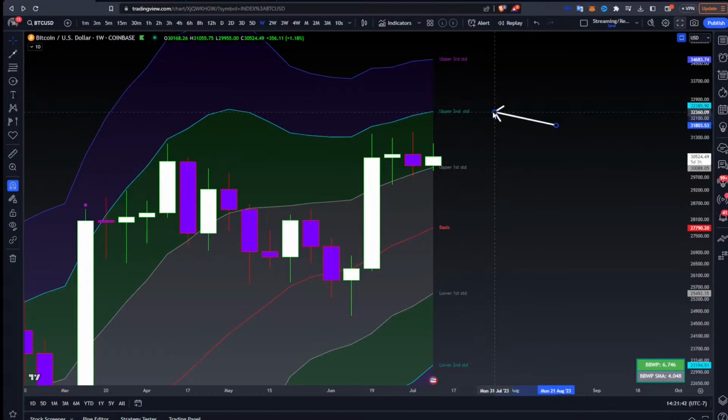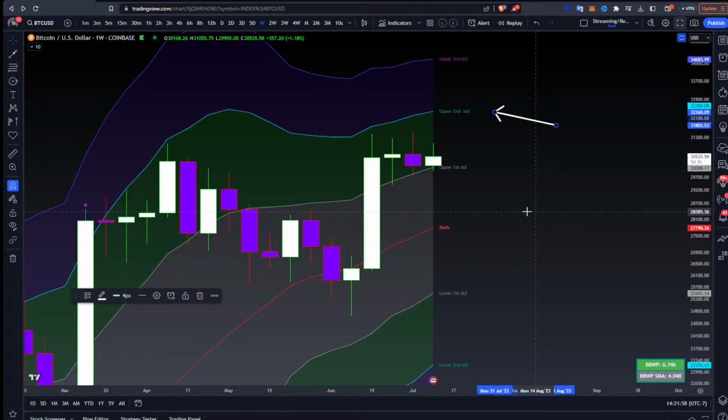The upper second standard deviation on the weekly is going to be around 32,385, and that is daily overhead resistance. That's that 31.8 to 32.4 region that I've talked about a lot.